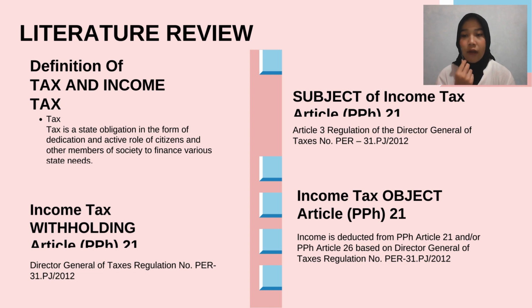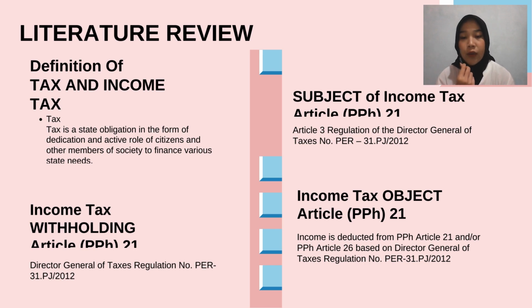And the definition of income tax. Generally, income tax is a tax imposed on a tax object on income received or earned in one tax year. But income tax, according to Law Number 36 of 2008, which is the fourth amendment to Law Number 7 of 1983 concerning income tax, is any additional economic capability received or obtained by a taxpayer, whether originating from Indonesia or from outside Indonesia, which can be used for consumption or to increase the wealth of the taxpayer concerned by name and in any shape.